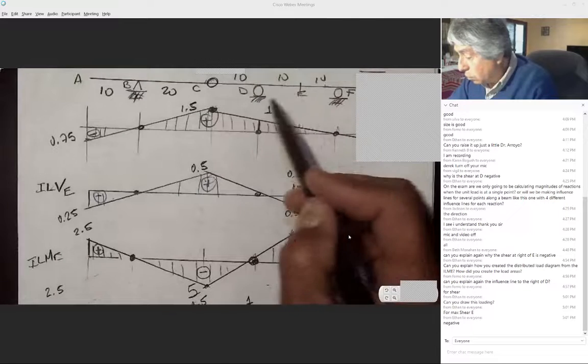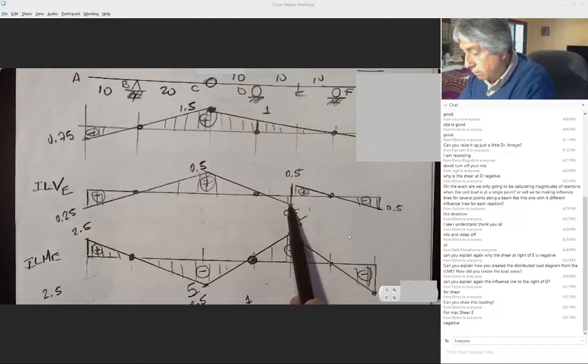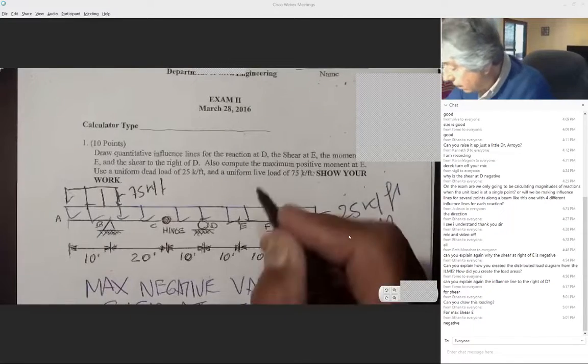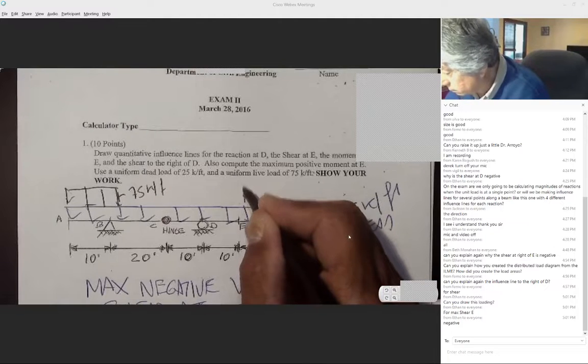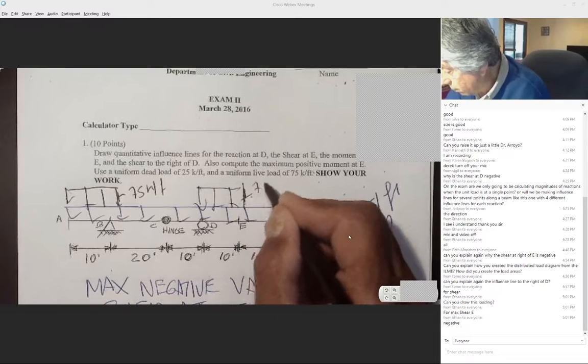The negative is between D and E. Between D and E, I'm gonna put 75.